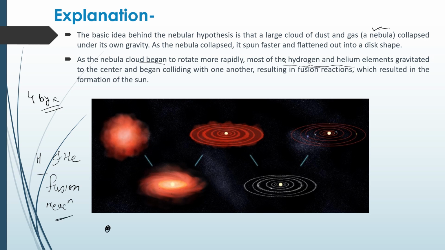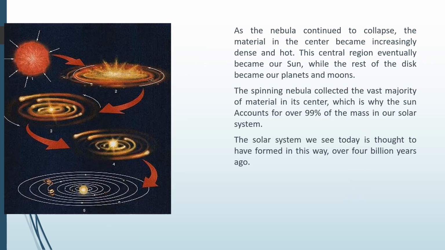And at this center our sun was formed. So the sun is nothing but a hot ball where hydrogen and helium are present, and continuously a fusion chain reaction is going on. Clear? This is how our sun has been formed.